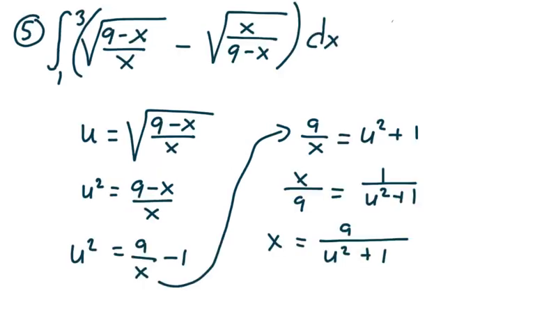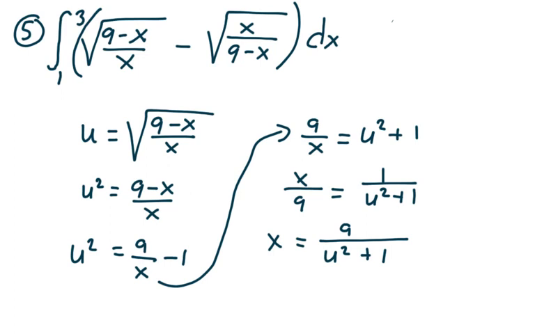And number 5 is really interesting. Suppose we have the integral from 1 to 3 of the square root of 9 minus x over x minus the square root of x over 9 minus x dx. So what I'm going to do is let u equal the square root of 9 minus x over x.